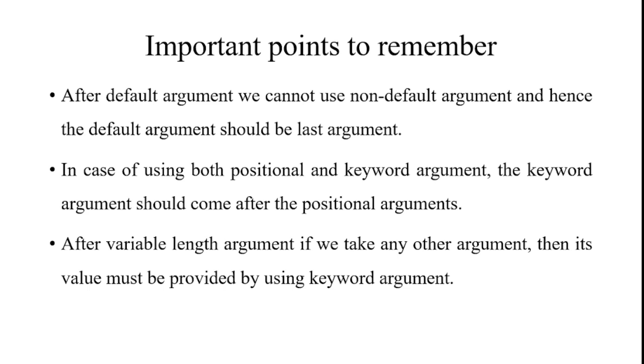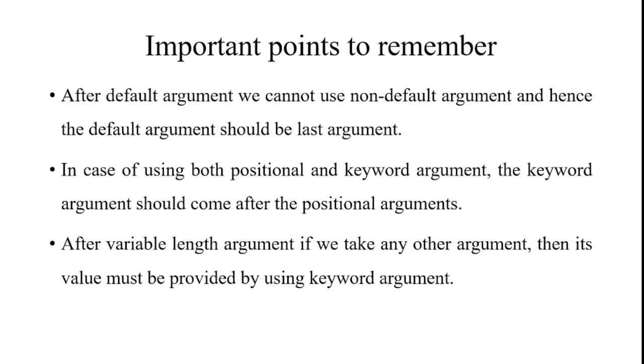Now since we have discussed all these four types of arguments, there are some important points that we should keep in mind while using a combination of all these types of arguments. The first point is, after a default argument never use a non-default argument. So the default argument should always be the last argument. Second, in case of using both positional and keyword arguments, the keyword argument should come after the positional argument, so never use the keyword argument before the positional.